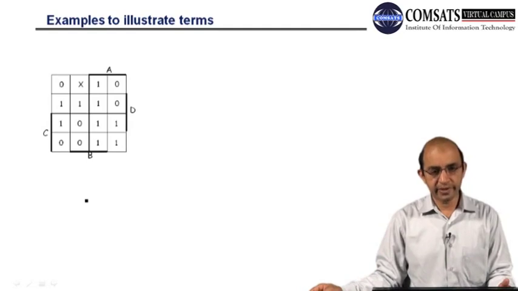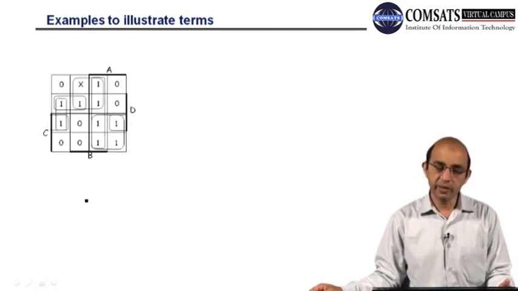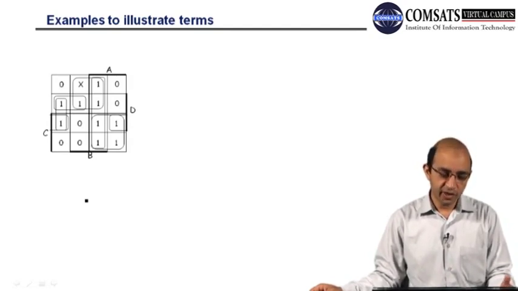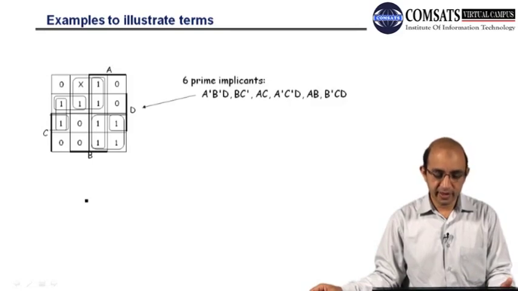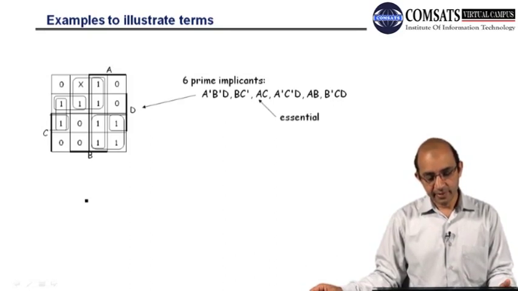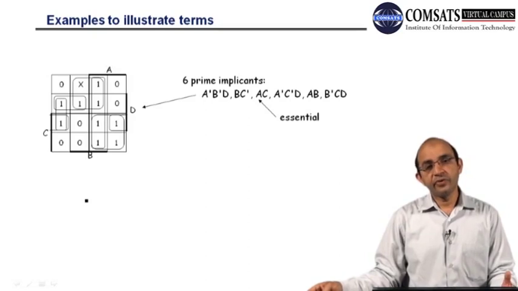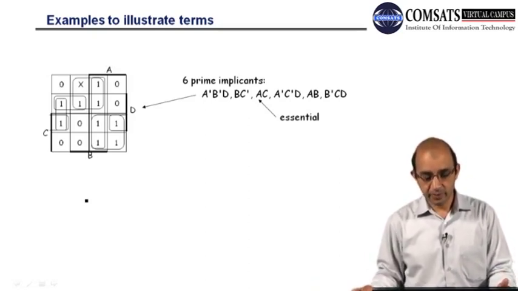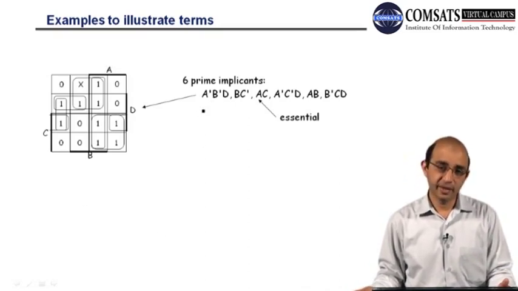So let's have more examples. Here you can see that we have different groupings, and we also have the don't care conditions. These are the 6 prime implicants. If you look at the simplification, an expression that cannot be further simplified we can declare a prime implicant.